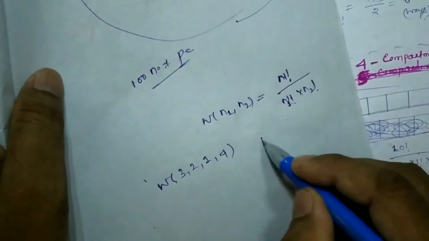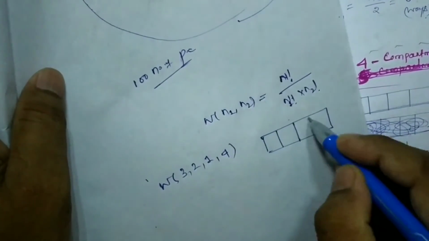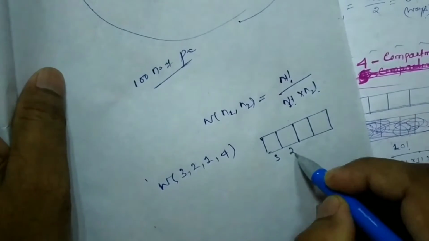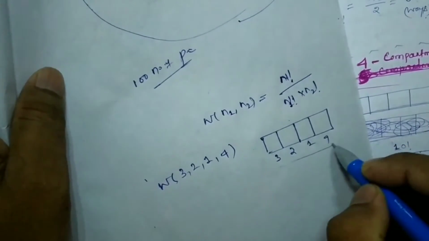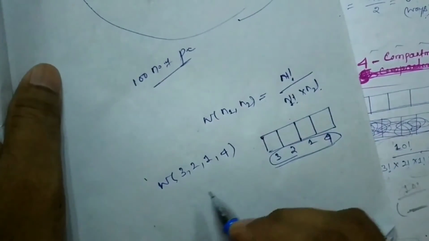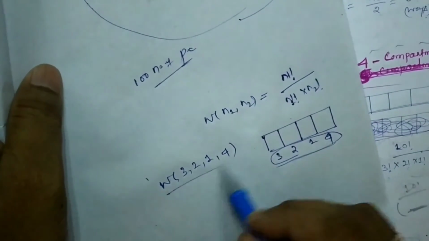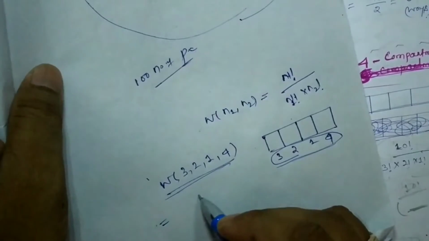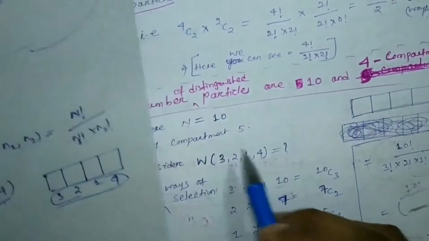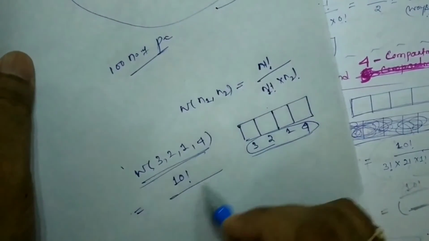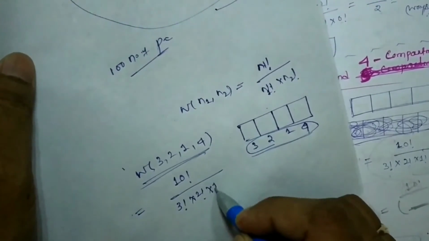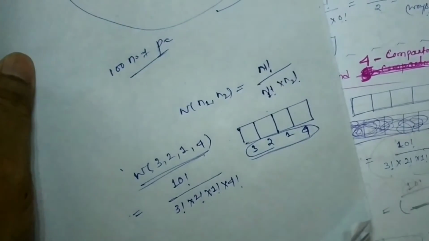That means we have 4 energy levels or 4 compartments: first compartment 3, second 2, then 1, then 4. For this arrangement, the number of microstates is the total number of particles factorial, 10 factorial, divided by 3 factorial into 2 factorial into 1 factorial into 4 factorial.